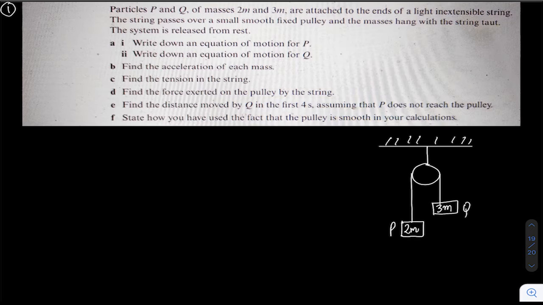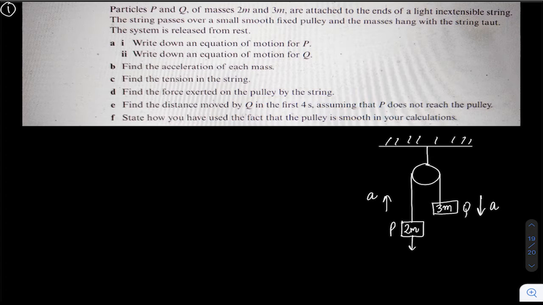Okay, so now we will just see that particle Q has mass 3m. So obviously if the system is released from rest, it will go in this direction. So it will have acceleration like this and P will have acceleration upwards like this.